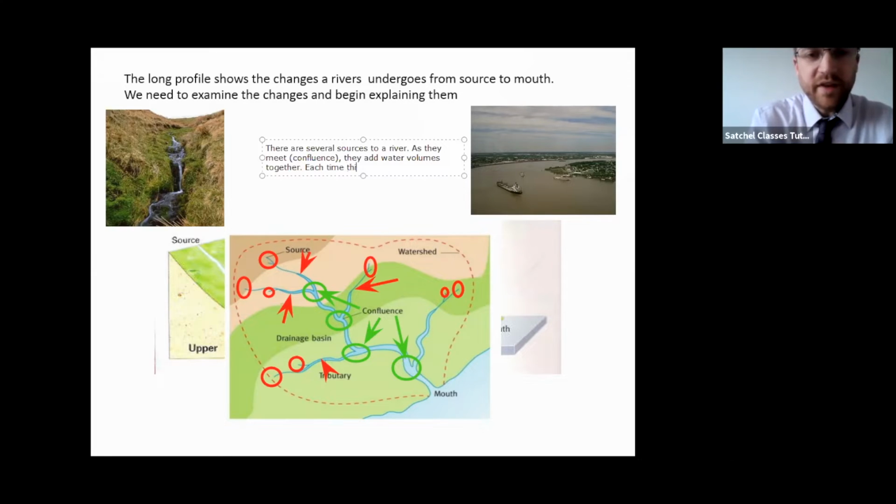Each time this happens, the river's power increases because of that greater volume of water, which allows the river to erode a wider and deeper channel for itself.